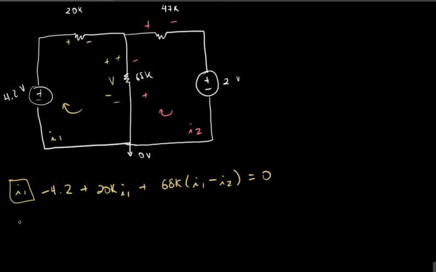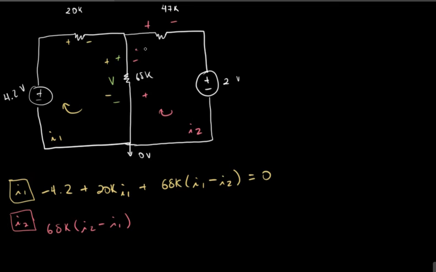For the second mesh is I2, and I'm going to start here. So I got my 68K, so that's 68K times I2, which is my reference, but this time I1 is going against my reference, and I denote that as minus I1.